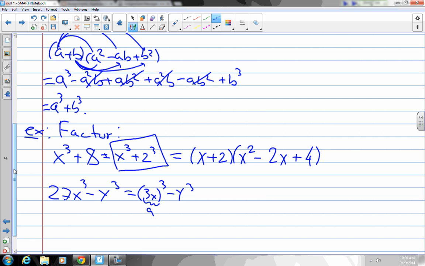So, well, the quantity, that's 3x. So 3x is going to play the role of A. So if I plug it into my formula, I'll get 3x minus y. And then I'll have to square 3x to get 9x squared plus their product, 3xy plus y squared.